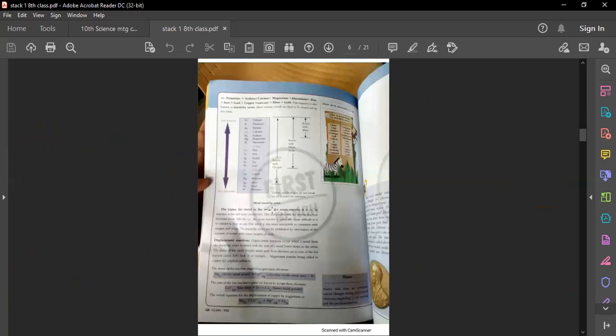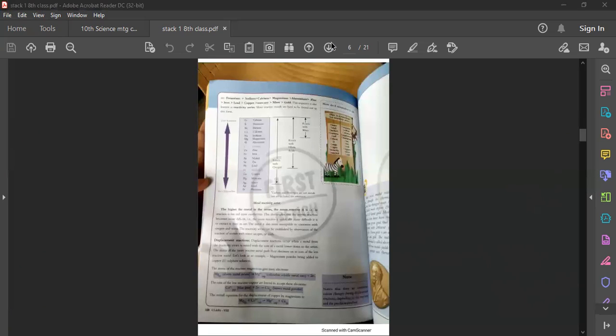So next we'll study the reactivity series. I will give you one shortcut trick so that you can remember easily. Some error is there in this reactivity series, so don't follow this one. I will give you the correct series.